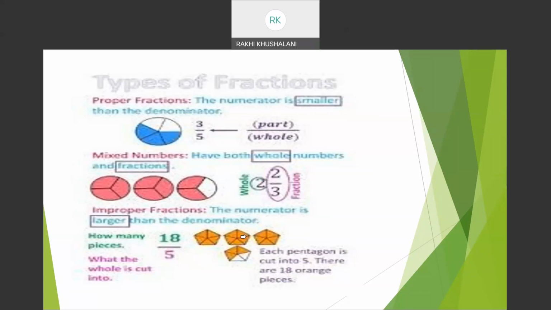And the poor denominator always has to talk about one whole only. It cannot talk about 2 wholes, 3 wholes, 5 wholes, that is 2 or 3 pizzas at a time. The denominator has its limitations. It can only talk about one particular pizza. At this time it can only talk about one pentagon representing 1 whole, which has been cut into 5 pieces. So the denominator will remain 5. Because the definition given for denominator is that it represents the number of pieces we make of one whole.